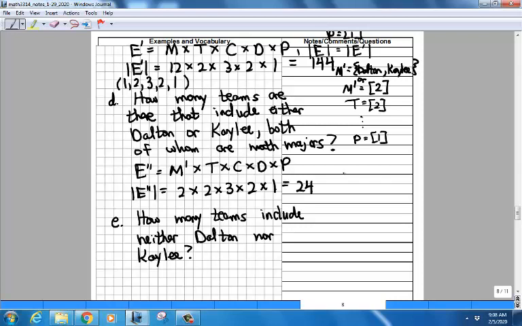So the teams that include neither Dalton nor Cayley, that's the complement of the teams that include either Dalton or Cayley. Complement in what's our universal set, though? E prime, right? Or similarly E, which is just the set of teams with people in it. So what we're looking for here is the complement of E prime, correct?